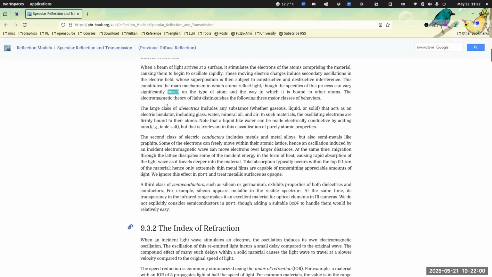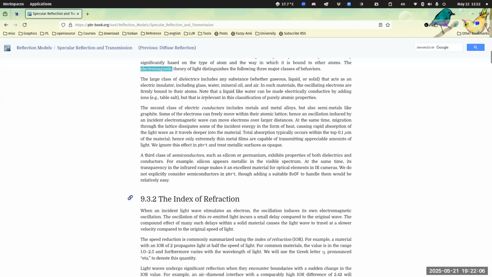So the electromagnetic theory of light distinguishes the following three major classes of behavior. First, dielectric materials, which are electric insulators, like glass, water, oil, and air.